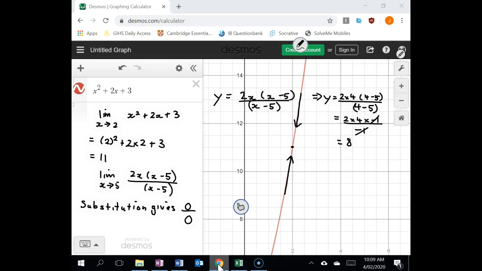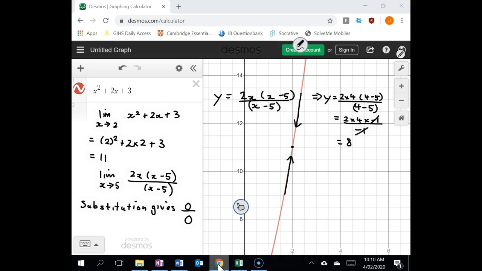So then, what am I saying? Well, the key point is the only difference between y equals 2x and y equals 2x(x take 5)/(x take 5), the only difference is that point at 5. In one, it doesn't exist. In the other, it exists perfectly. That's the only difference between the two functions.